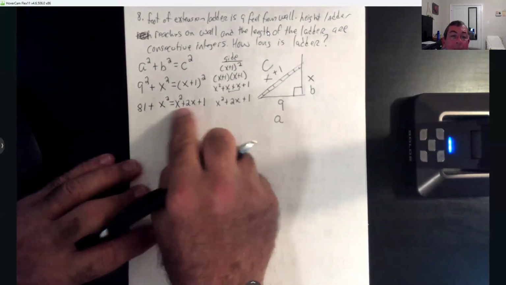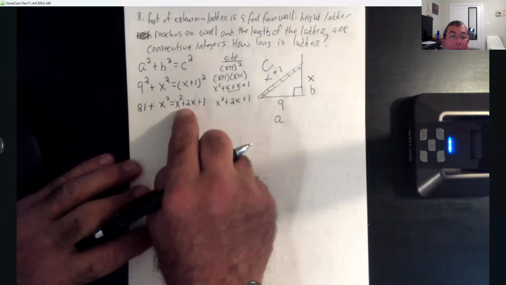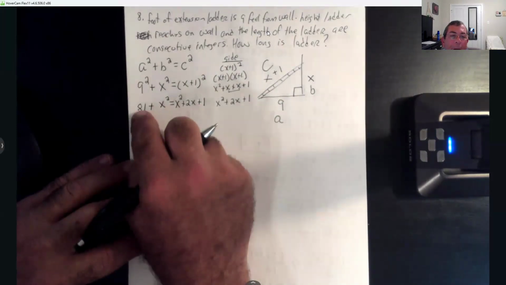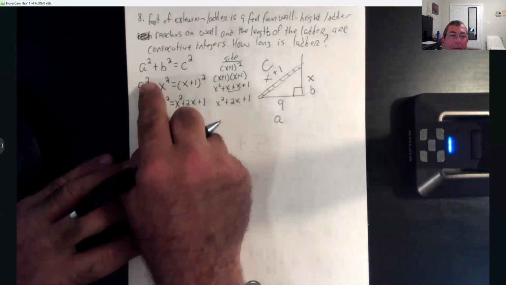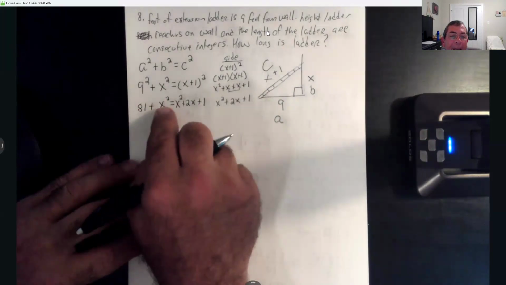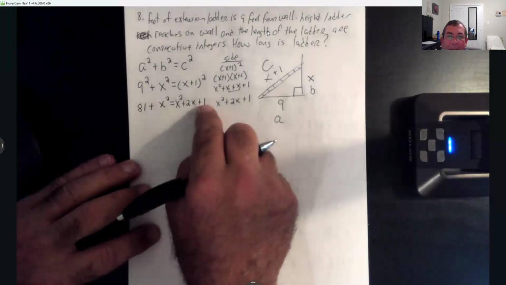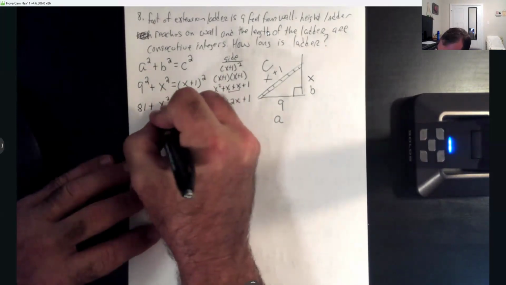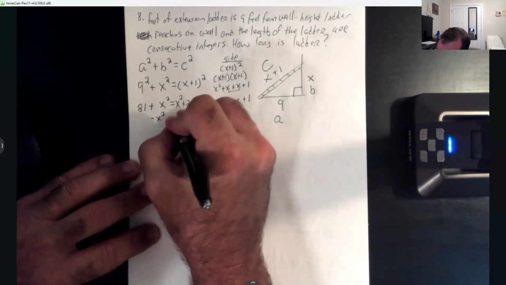So when y'all are working this, at this point, the only difference we can have is this 81. If y'all had a 5 squared, that'd be 25 here. 7 squared, that'd be a 49. But y'all, everything else will look like mine, okay? Now watch this.